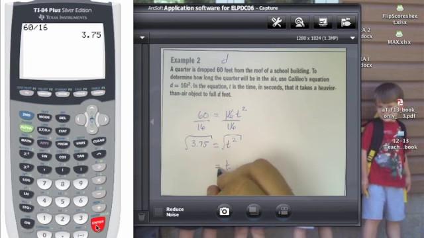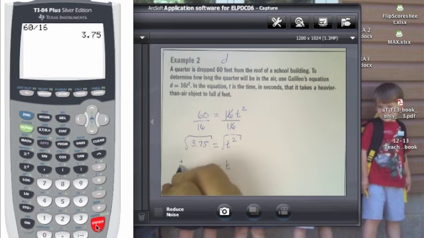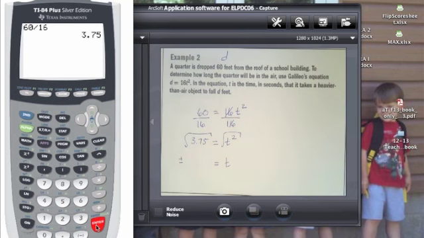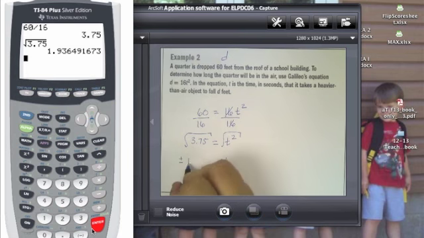I need to find t though. So t is going to equal plus or minus the square root of 3.75. So I'm going to take the square root of 3.75. It equals, and I get 1.936.